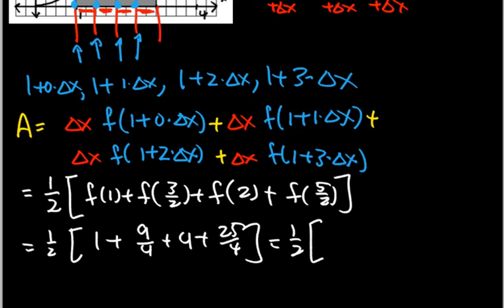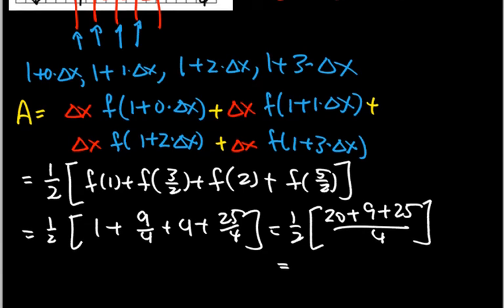So let's see, 4 plus 16 is 20. 20 plus 9 plus 25, all over 4. So we end up here with 45 plus 9 is 54, all divided by 8.